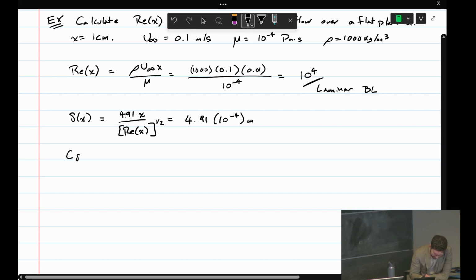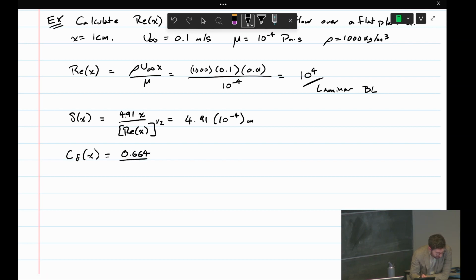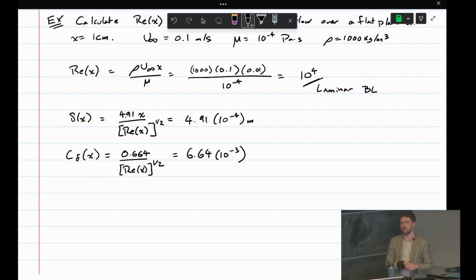Then the skin friction coefficient there, 0.664 over the square root of the Reynolds number. So this is just plugging in the values. Once we calculate the Reynolds number, we know whether to use laminar or turbulent formulas. And then you can just plug that right into the equation. In our case, since we assumed it was laminar based on the Reynolds number, we use laminar relations.